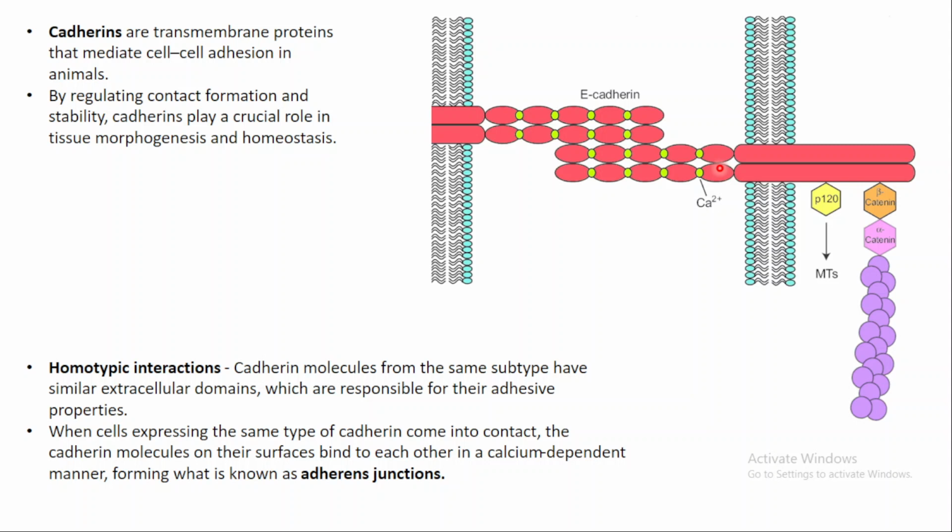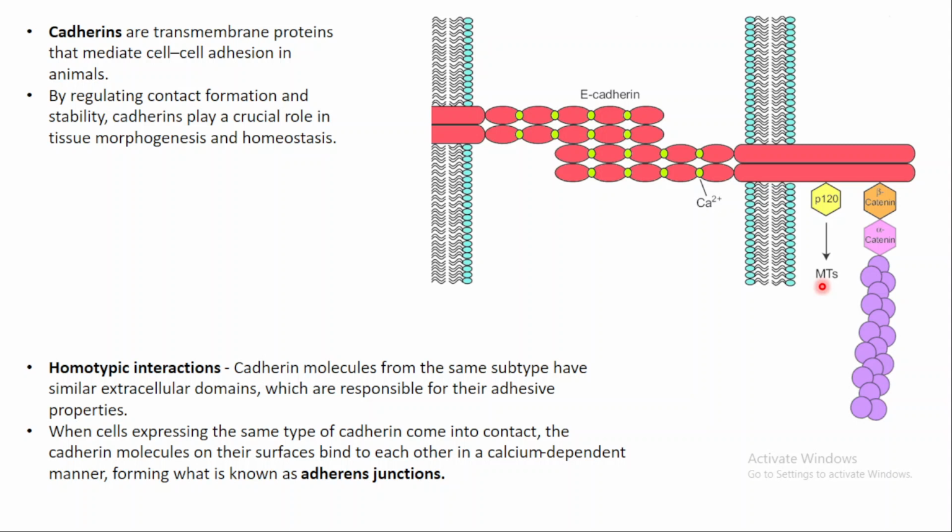There are many components of the adherens junction, and here we can see that the type of cadherin can play a role. If we focus on this diagram, the intracellular domain of cadherin also has binding sites for many other proteins like catenins, beta catenin and alpha catenin, and other adaptor proteins like p120, which can attach this cadherin complex to the actin cytoskeleton that we see here in purple, or via p120 it can modulate microtubule dynamics.